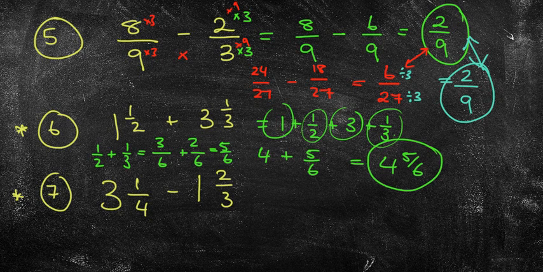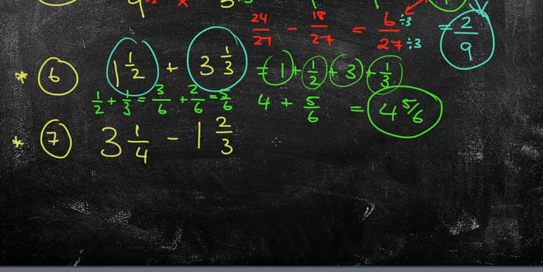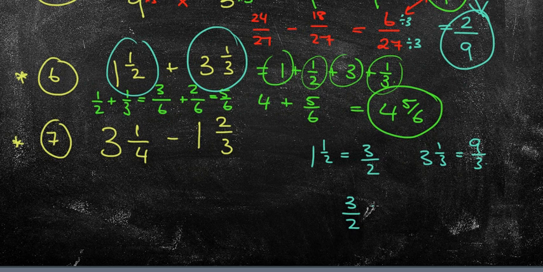However, look, I'll be honest with you, in my classroom, I'll ask you to convert them to improper fractions to start with. What is that going to look like? Well, 1 1/2 will be the same as 3 on 2. 3 1/3 is the same as 9 on 3. So now what I've got is 3 over 2 plus 9 over 3.